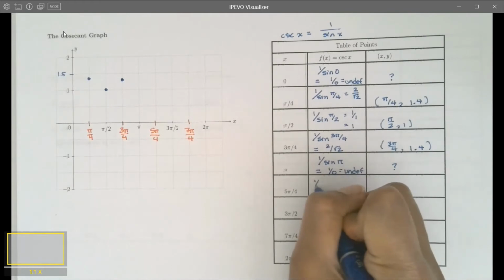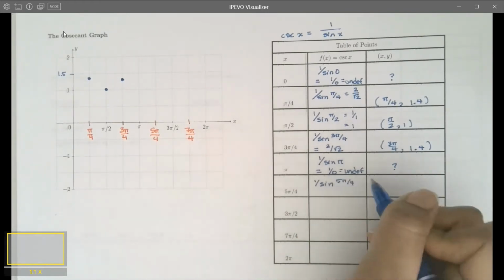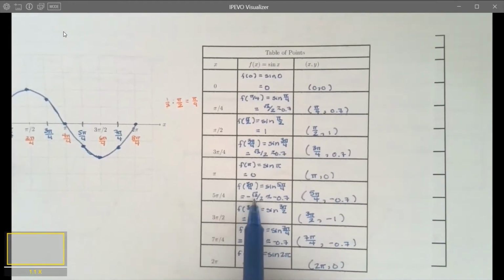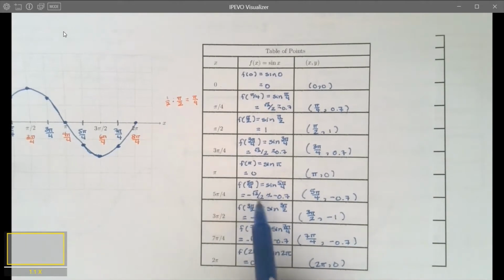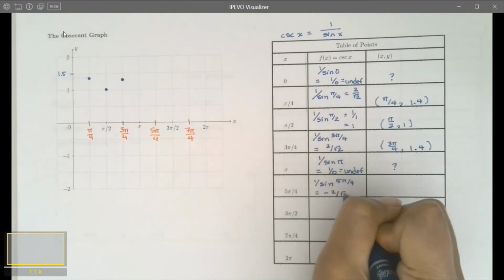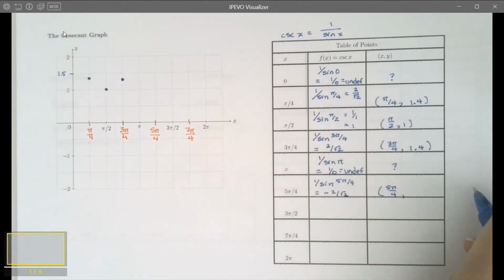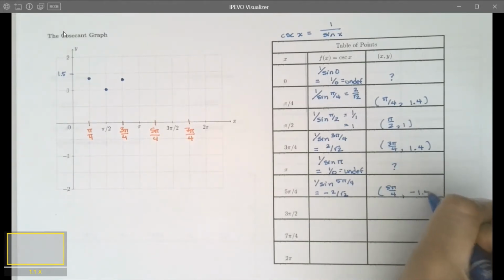Okay, then at 1 over sine of 5 pi over 4, if you look at 5 pi over 4, we're going to get negative radical 2 over 2. So if you flip it to get cosecant, you're going to get negative 2 over radical 2. So that'll mean that we'll have the point 5 pi over 4, comma negative 1.4, right?